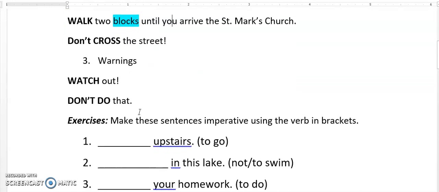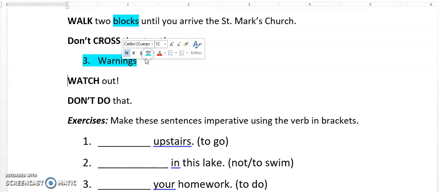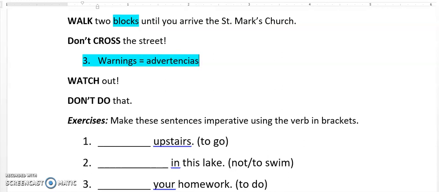The next and final part is going to be imperatives for warnings. Es decir, imperativos para advertencias. So here we have some examples.